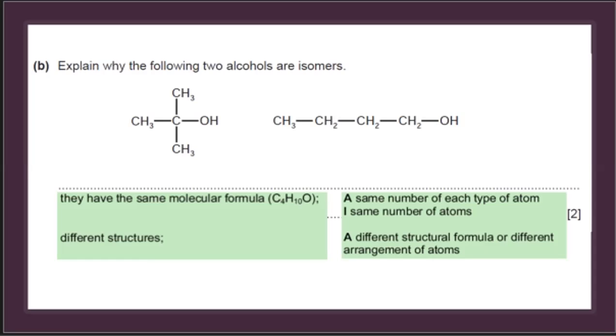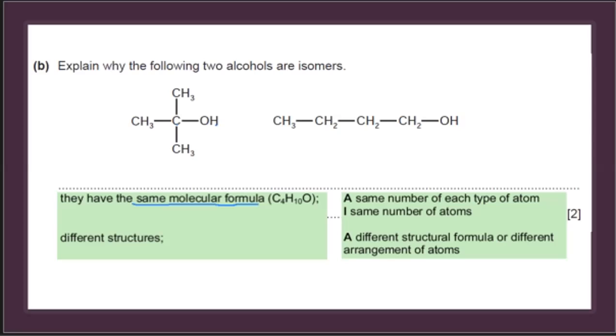What is different is their structural arrangement. So they ask to explain why the following two alcohols are isomers. They have the same molecular formula, same number of carbons, hydrogens and oxygens. That's the main reason why.